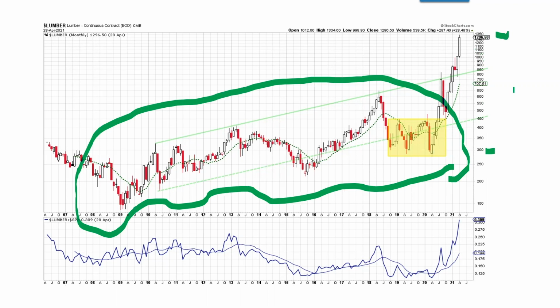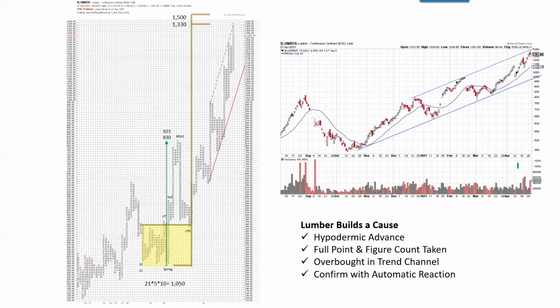So I have a friend who's building a house. He's telling me that lumber prices are going up every single week. And here he is, right in the middle of building this house. Okay, well, what's this yellow shaded box? Well, this is an accumulation area that's 1-2 years plus that looks like it could be counted from a point and figure perspective.